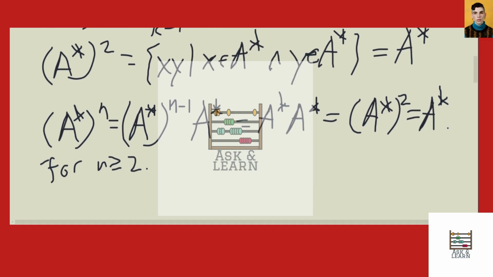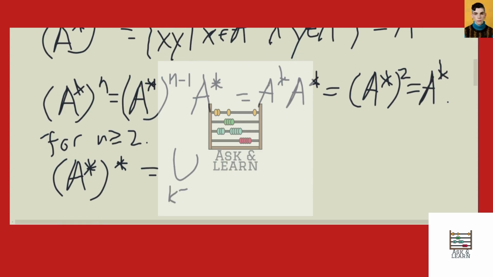And therefore it follows that A star star is equal to the union from k to positive infinity, and this is just going to be A star now. And now notice that the union of a set with itself is always going to be the same set, so it follows that this union, even though it's infinite, is still going to be A star. And so we've shown that the Kleene closure of A star is the same as A star.